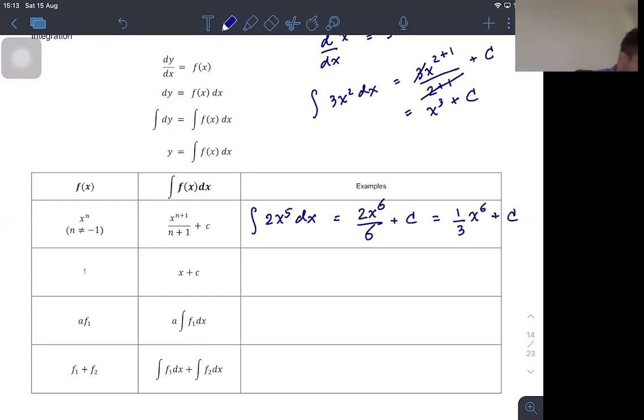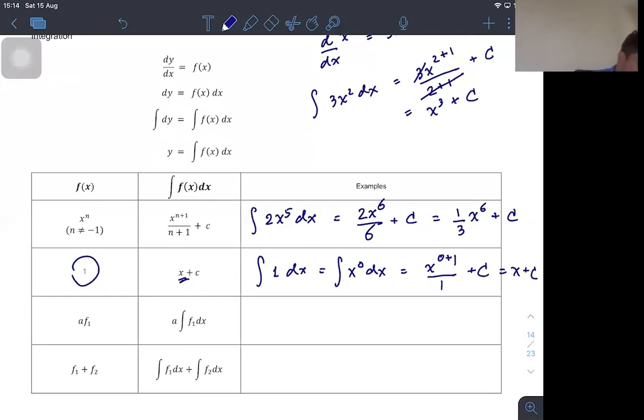And then if you integrate 1, you always get x, because integrating 1 dx is integrating x to the 0 dx. So that would be x to the 0 plus 1, or 1, divided by 1, plus an unknown constant. So you get x plus c for certain.